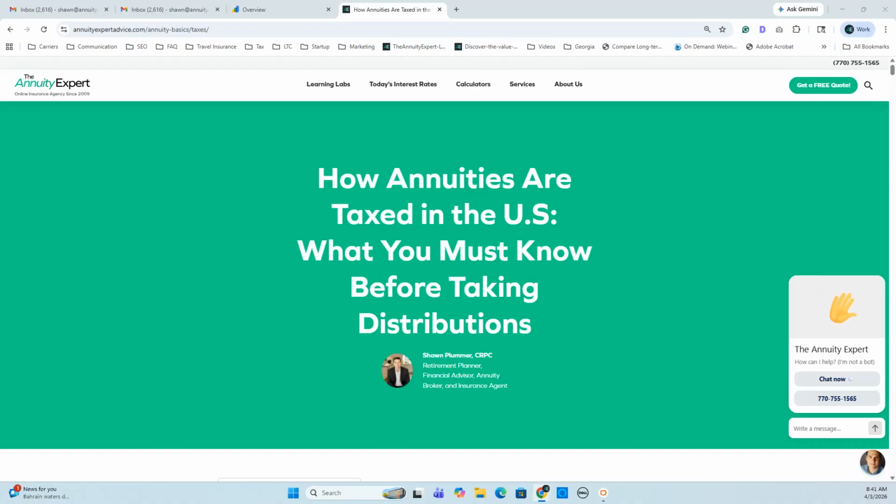With a non-qualified annuity and you're annuitizing, they're going to have what's called the exclusion ratio. And that's a ratio of how much of the payment is going to be taxable and how much of the other portion is going to be not taxable.